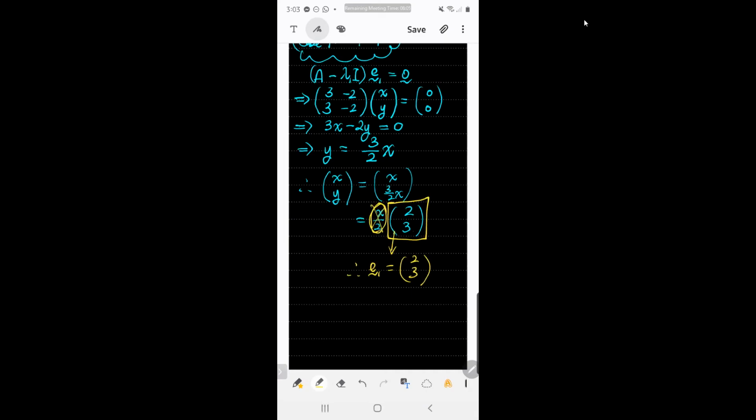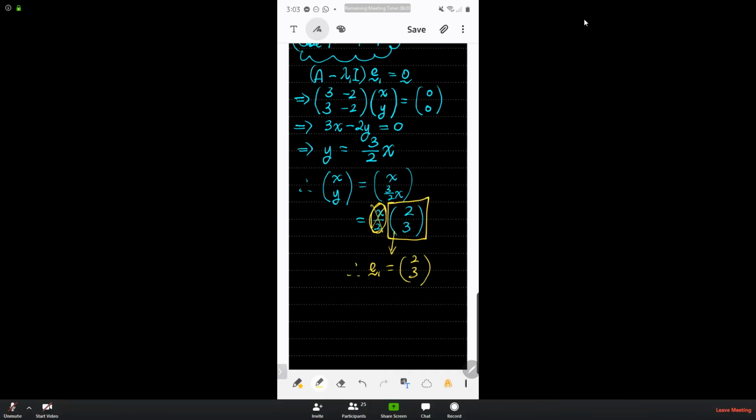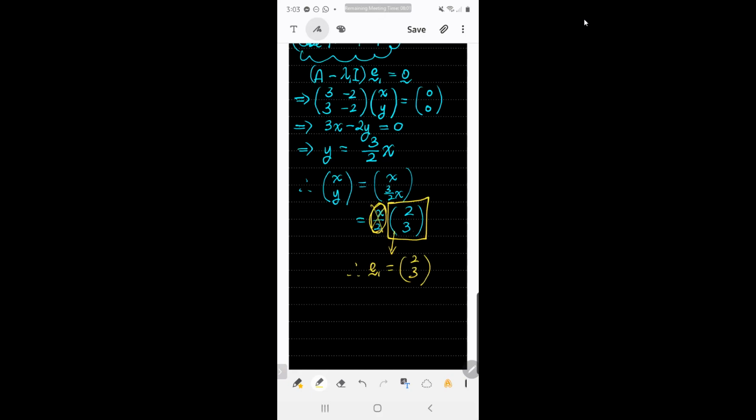However, please remember that eigenvectors are not unique. That means if some other students gave me the eigenvector in the form 4, 6, it is acceptable. Even if you give me -2, -3, it is also acceptable. If you want to give me 200 and 300, still correct. So remember, eigenvectors are not unique.